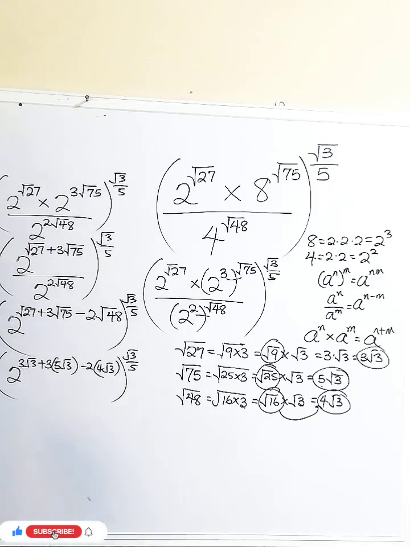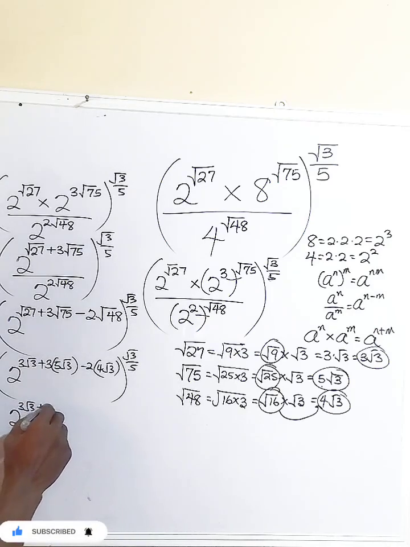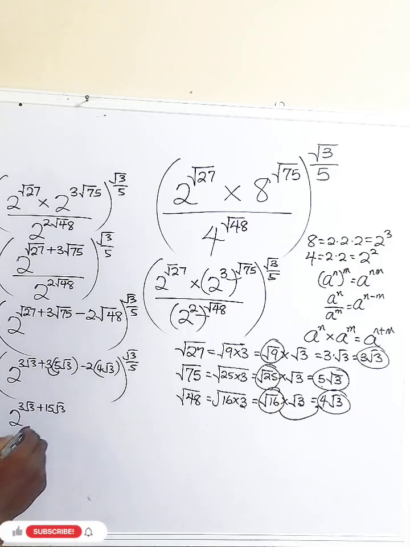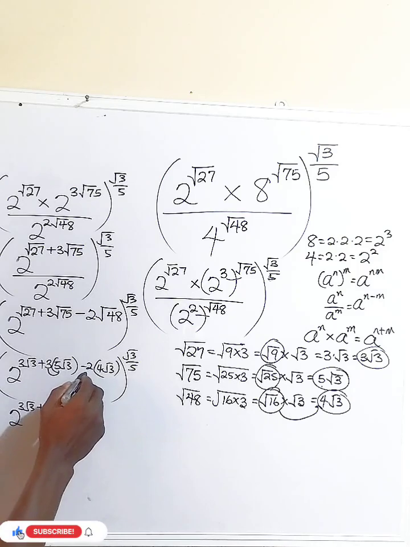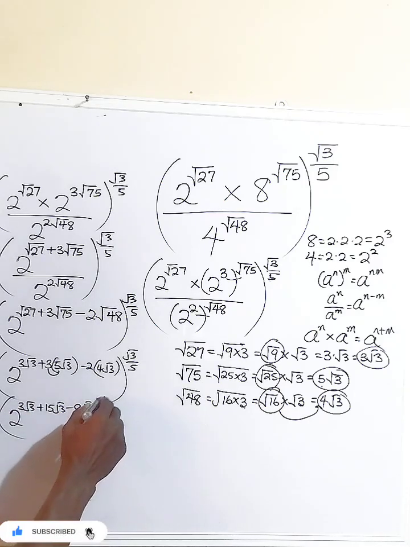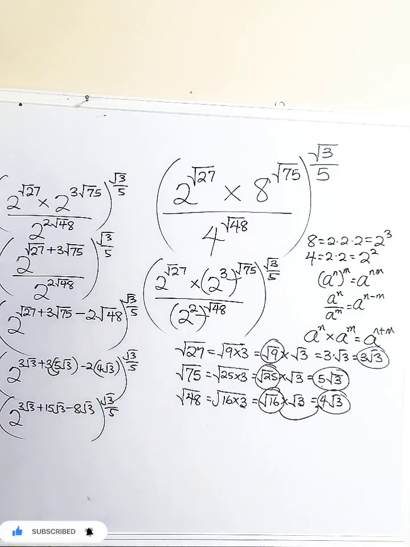So at this point, here you have 3 root 3, now plus 15 root 3, because 3 times 5 is 15, and minus 2 times 4 gives us minus 8 root 3. Take note, all this is raised to the power of root 3 all over 5.